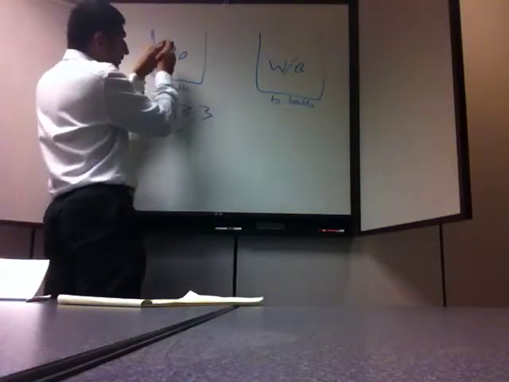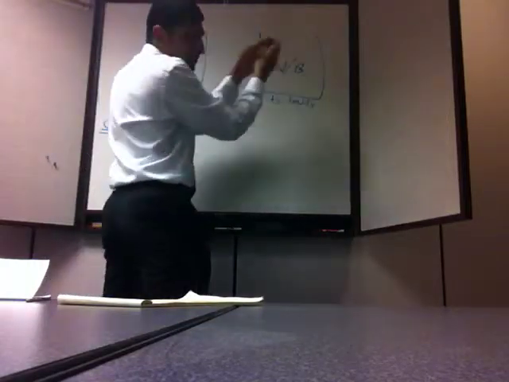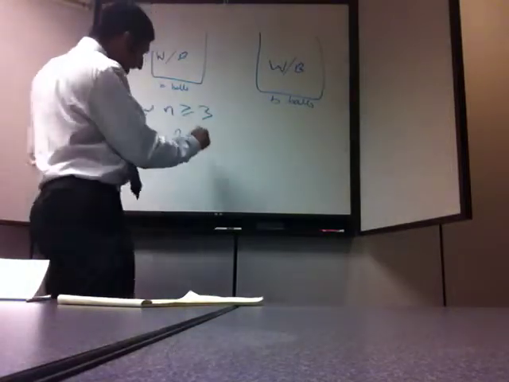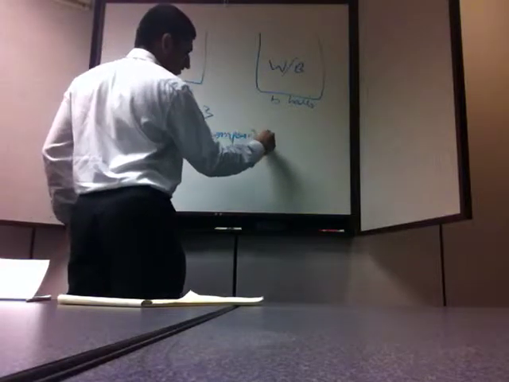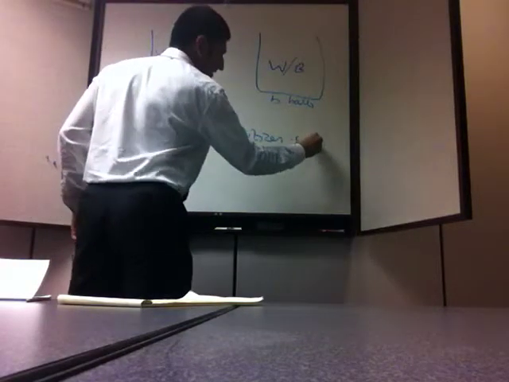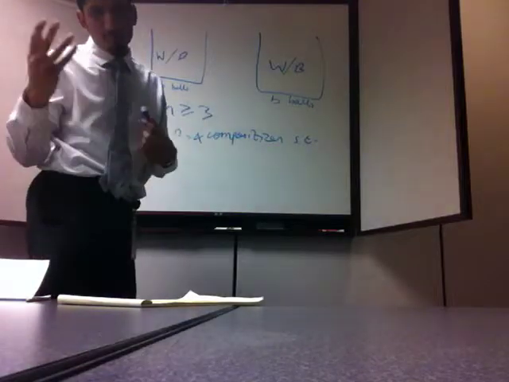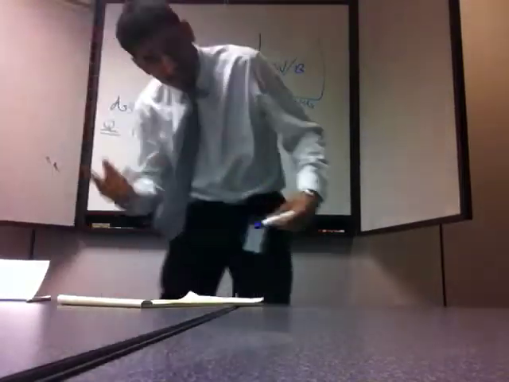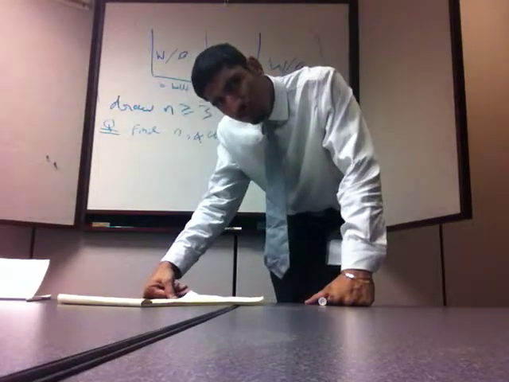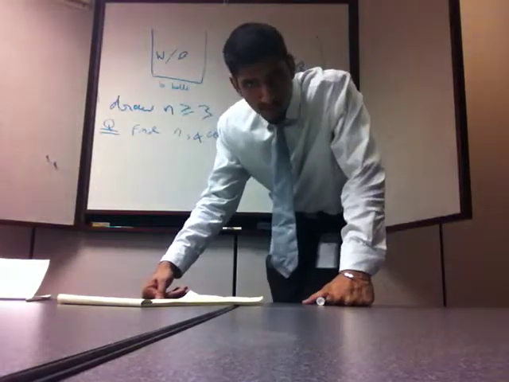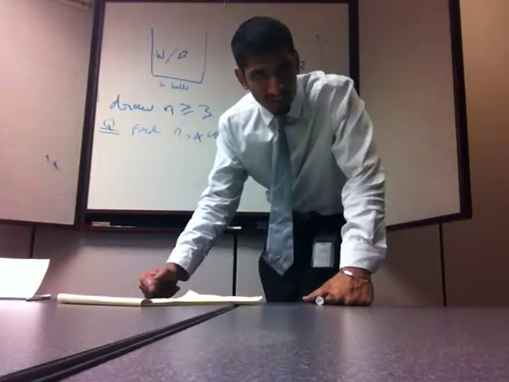In other words, number of white balls, number of black balls, number of white balls, number of black balls, such that the probability of drawing all white balls from the first urn is equal to the probability of drawing either all white or all black balls from the second urn.